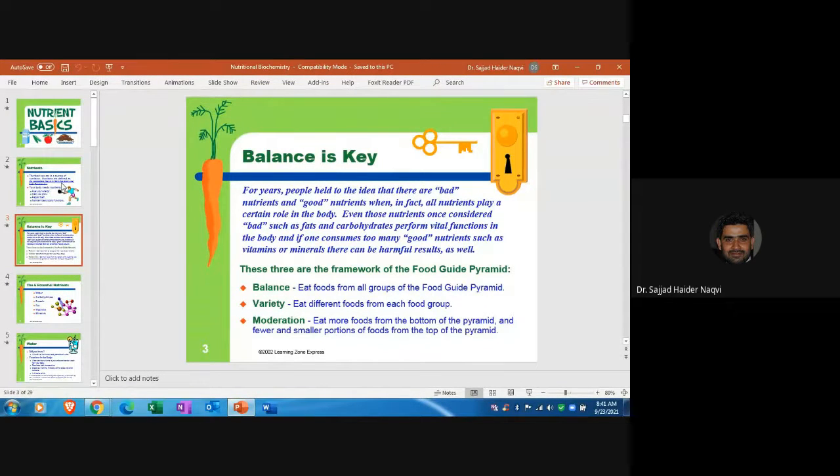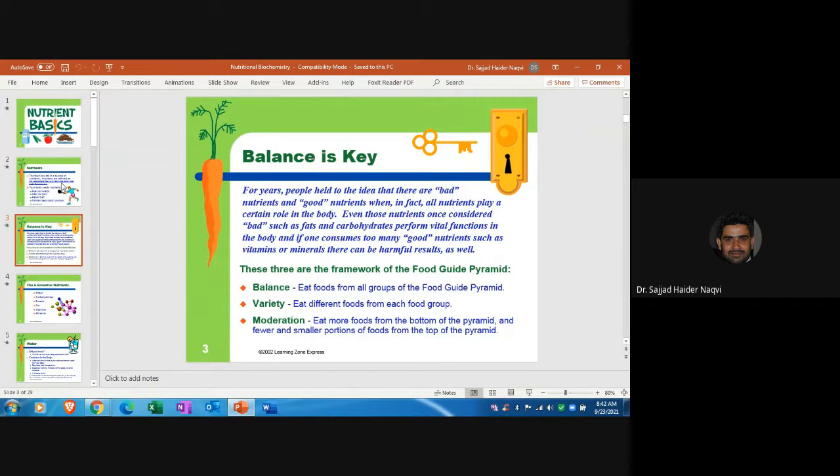It has been noted that for years, people held to the idea that there are good and bad kinds of nutrients. In fact, this concept of good or bad is not right for nutrients. They all must have their own contribution and own function within the body. Even those nutrients we consider bad, like fats or in some cases carbs, do have vital functions in your body.